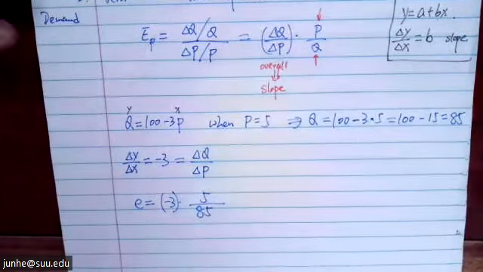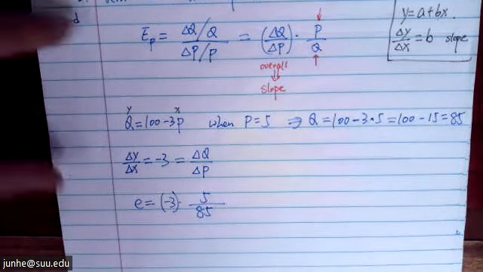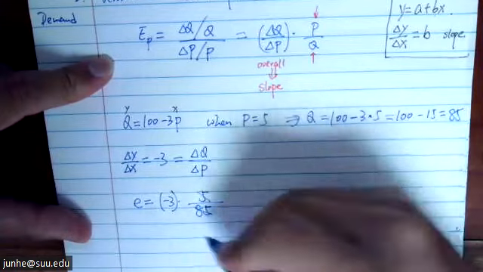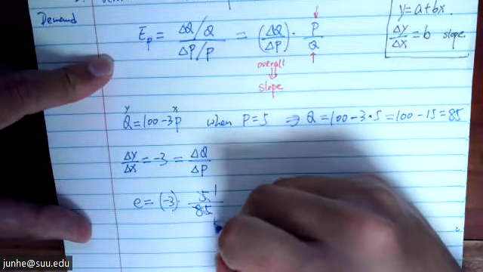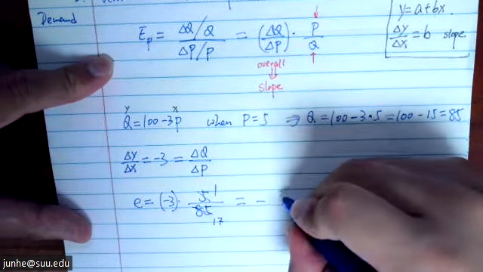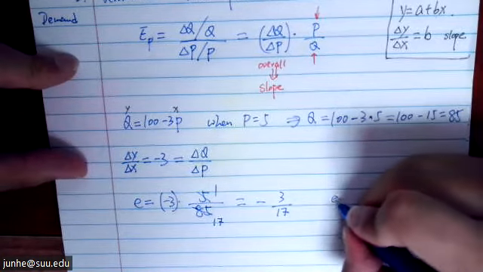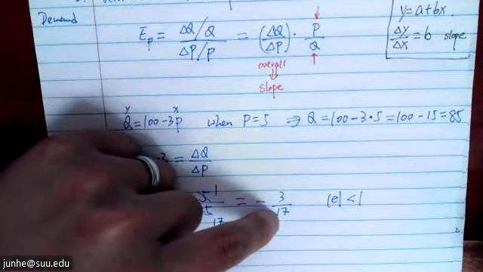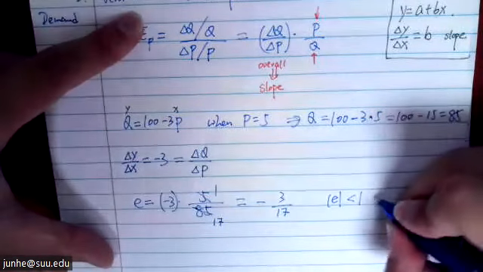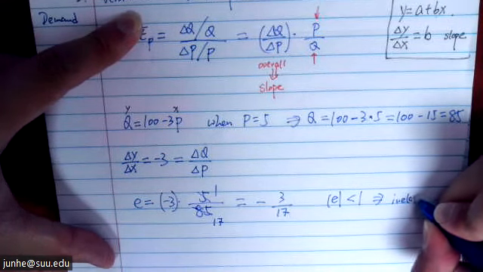Then you just need to head on your calculator to work it out, right? So it is 1 over 17. So the result is minus 3 over 17. So the absolute value of E is smaller than 1 because 3 is smaller than 17, right? So we can infer that the consumer is inelastic.